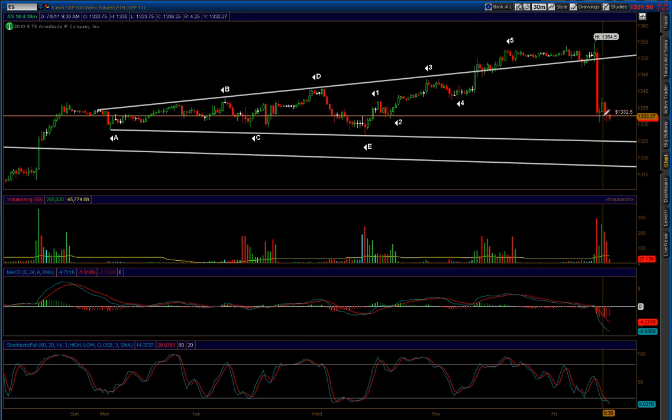We haven't been able to break down from this area, and if you can tell from some of the leaders, like Apple, we're in the green, and some of the other leaders in the technology sectors, we're still in the green, and even high beta stocks like Yahoo.com are pushing even higher.